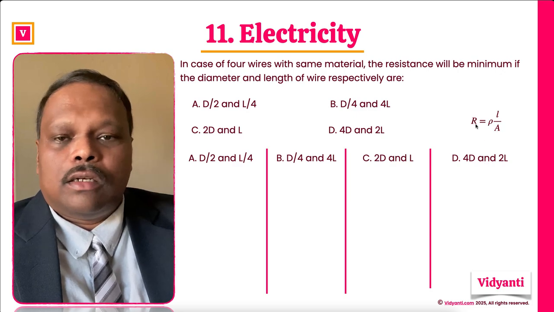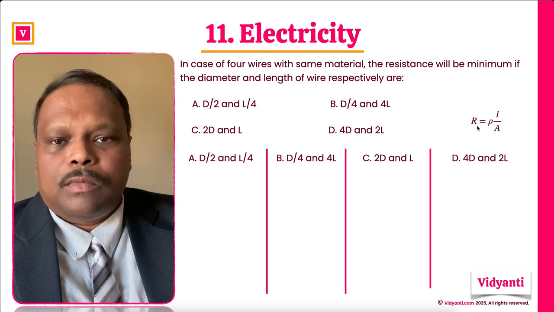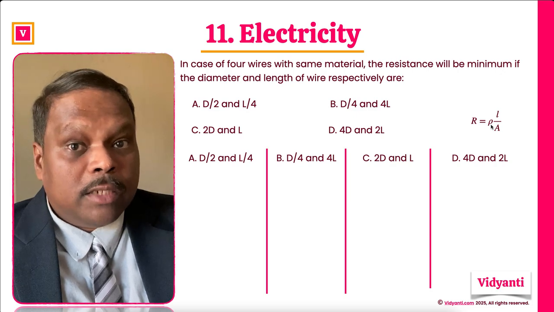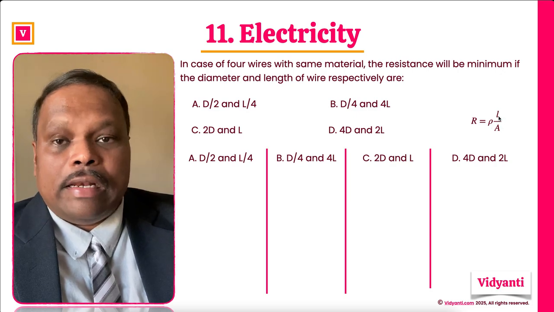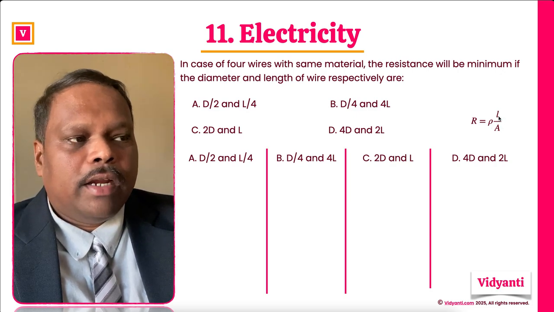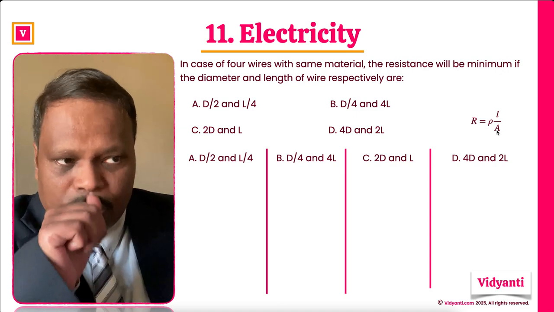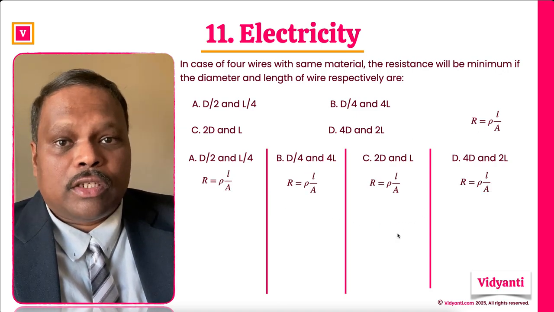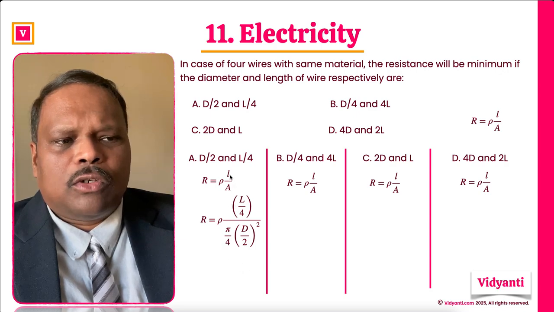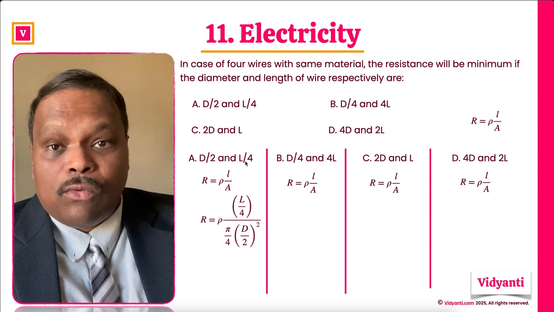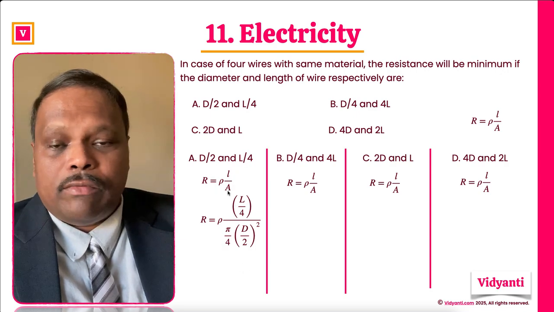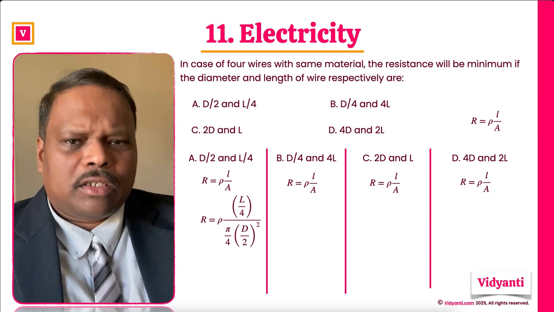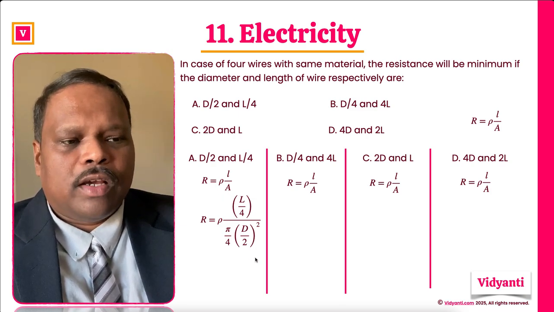We know that the overall resistance of the conductor depends on its specific resistance multiplied by the length of the conductor and divided by the area of cross section. Let's write that same formula for all 4 scenarios. I'm going to substitute L as L by 4 in the first case, and A, which is a circular cross section, is pi by 4 d square. Actually it's pi r square, but pi by 4 d square.